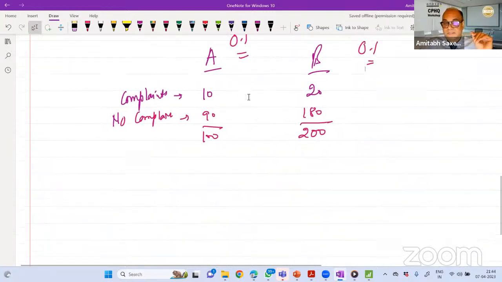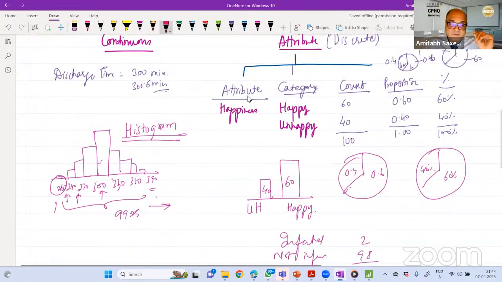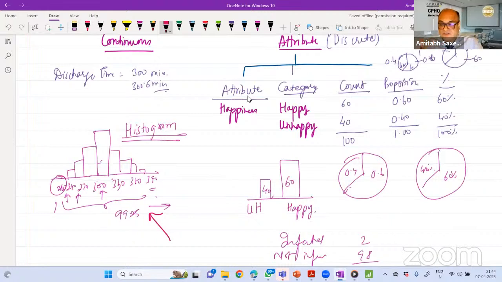Now, you are not here just to project that average discharge time is this much, and its range is within this much. You are here to even find the root causes. Why the discharge time is high? And how to make it lower.